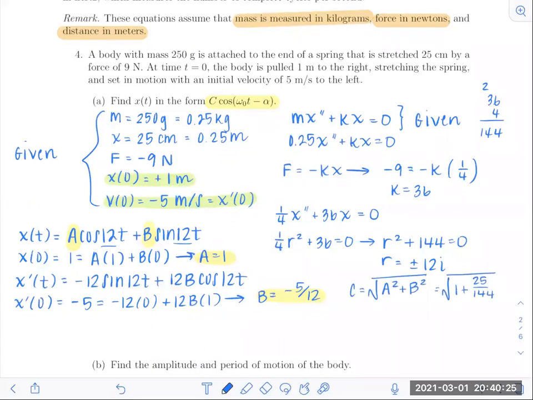So 144 plus 25 is 169. So I get the square root of 169 over 144, which is 13/12. All right, so there's my c value. And then lastly, I need to find alpha. I'm going to note here that a is positive and b is negative. So let's scroll back up to figure out how we're going to identify alpha.